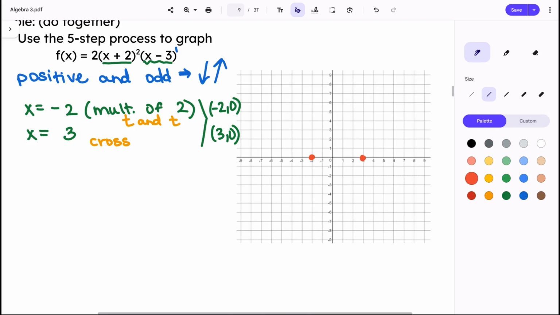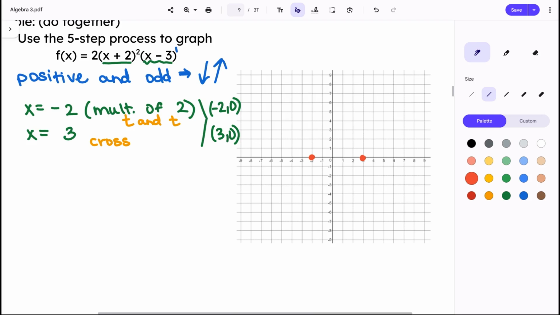That means at -2, it's not going to cross the x-axis. So I'm just going to know that at -2, it's either going to be like a U shape right above -2 or it's going to be below -2. And then crosses means it's actually going to go through 3 and it's going to either continue to go up or down forever.